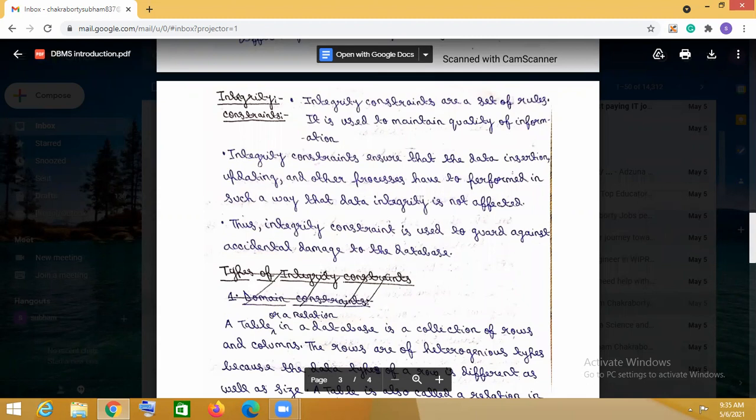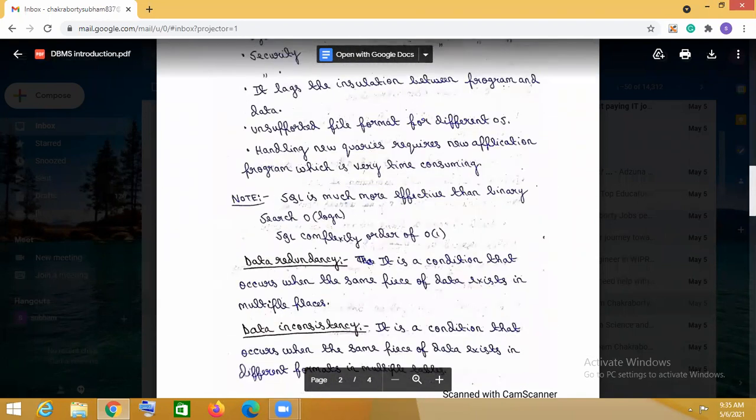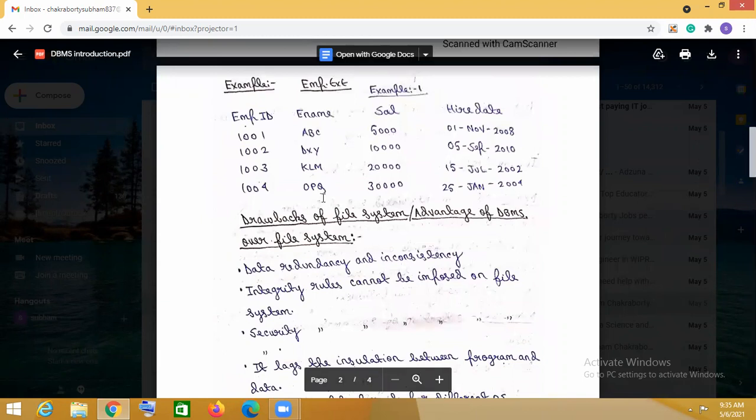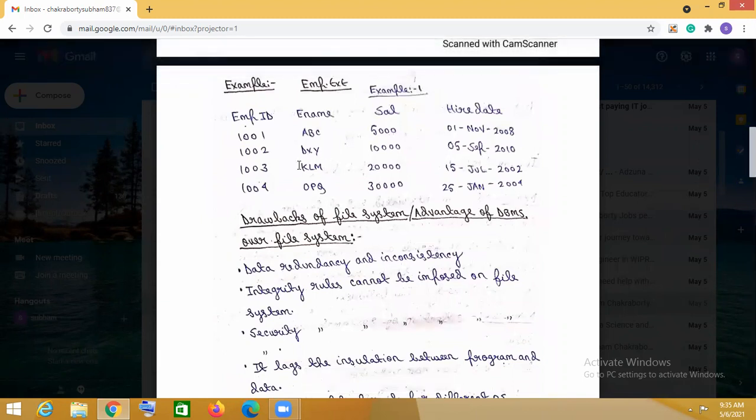If we update some data, the database should not be changed unexpectedly. For example, when we update the value ABC, the other values should not get deleted during that update.